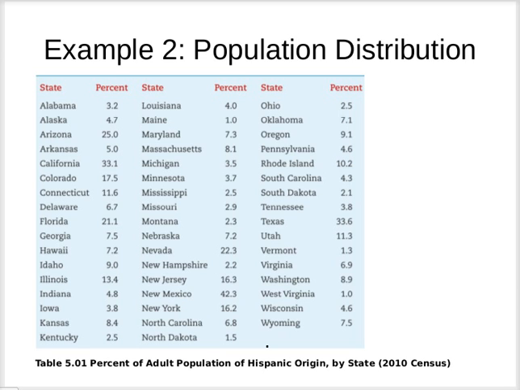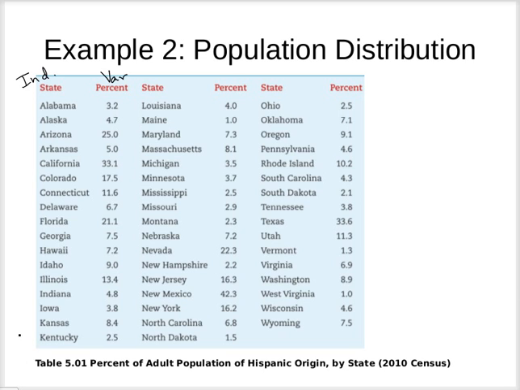The individuals in this chart are the states, and the variable is the percent of the adult population of Hispanic origin. So the states are my individuals, and the percents are my variables. So this is a label column here. I'm just labeling the states with their names.